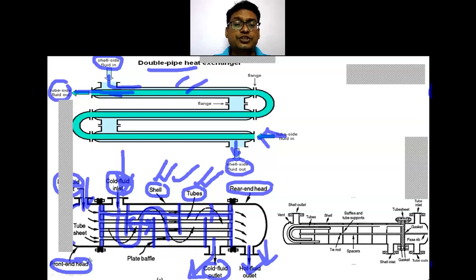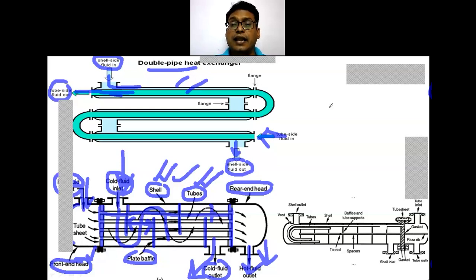Then end caps or the channels which are provided. Then the baffles and the tube sheet. These are the most common important labelings of a shell and tube heat exchanger.